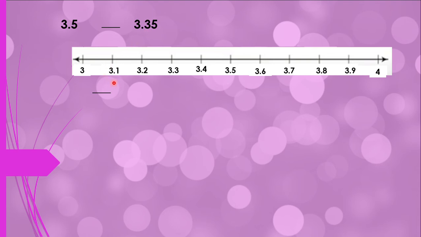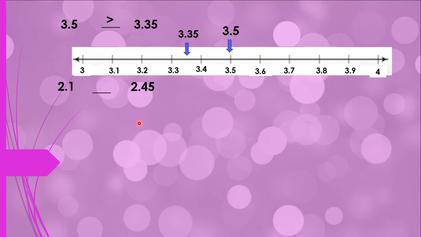So we'll do 3.5 over here and 3.35 will come between 3.3 and 3.4. Are you getting my point? This is the whole number, this is the whole number. Now between the whole numbers you have the tenths, right? So 3.35 comes between 3.3 and 3.4. So which is the greater side? 3.5 is more than 3.35.